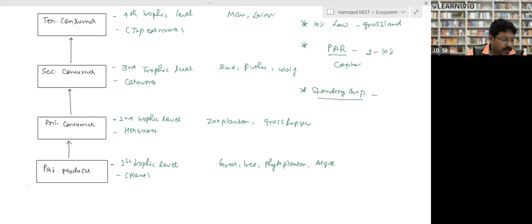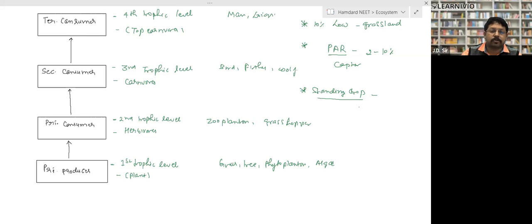Of the incident solar radiation, less than 50% of it is photosynthetically active radiation.